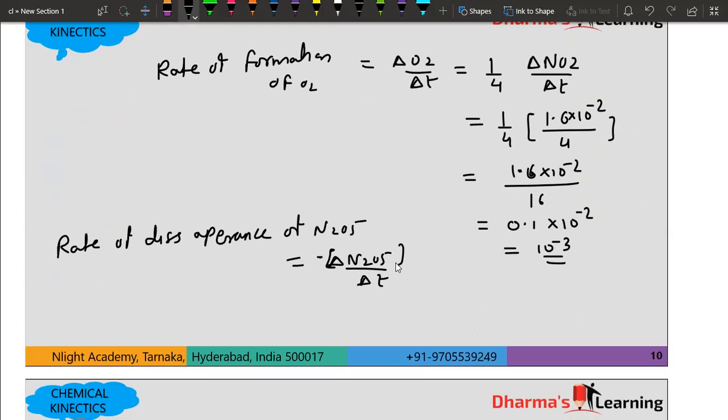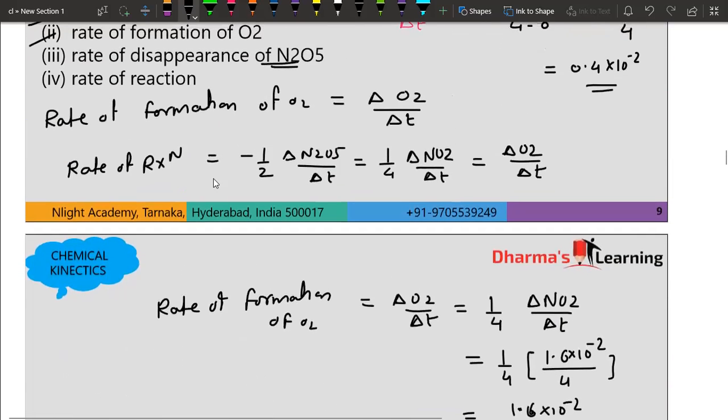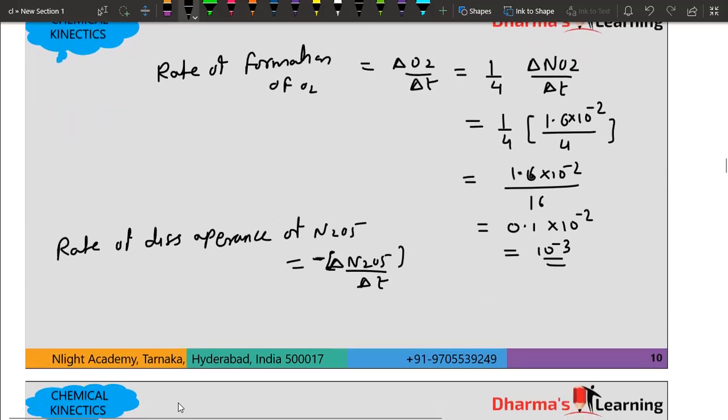Now the point to be noted, very important here, is that we can find this change with the help of the rate of reaction. This is the rate of reaction, so equate with its help.